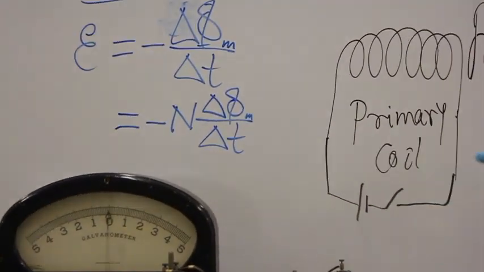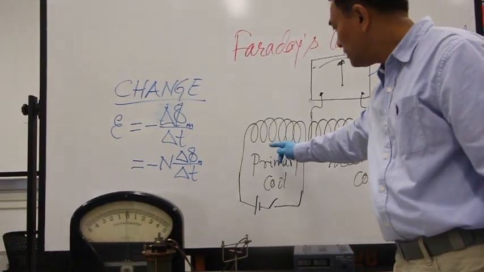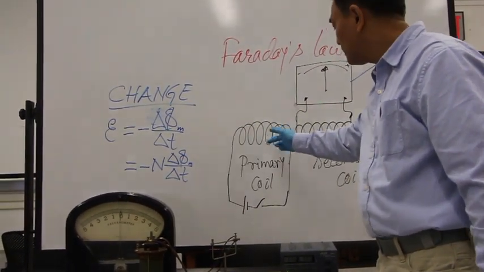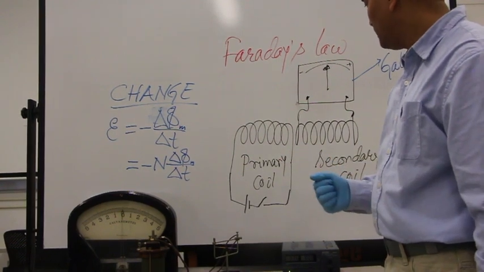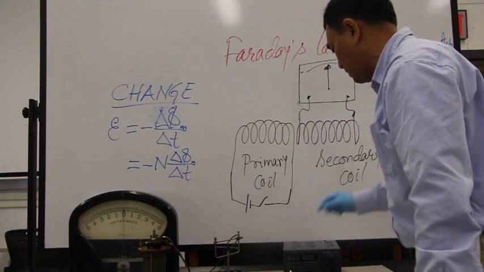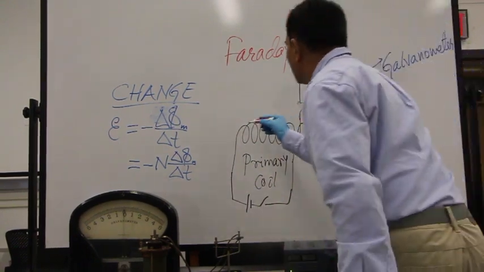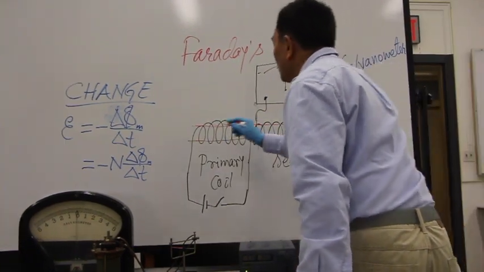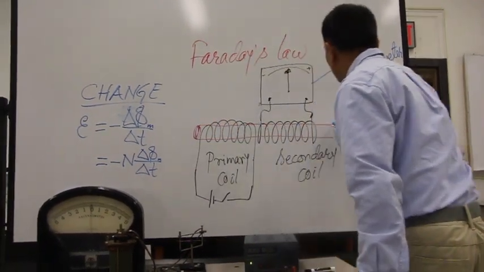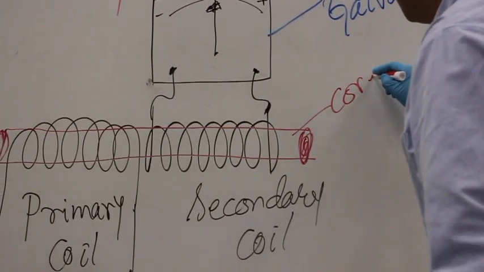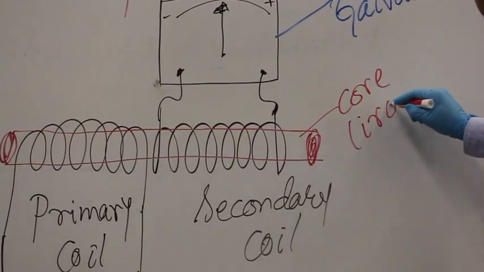We learned that when there is a current in the coil, it produces a magnetic field, and that magnetic field is coupled with the secondary coil. You can think of this iron rod like a core.